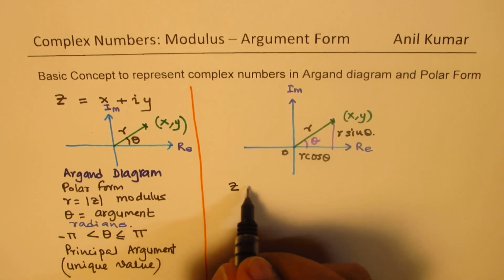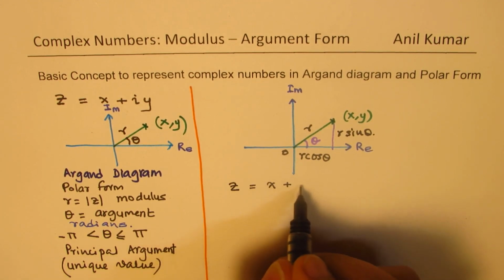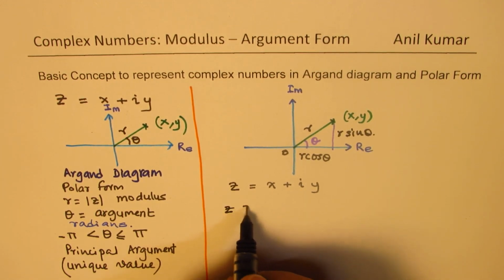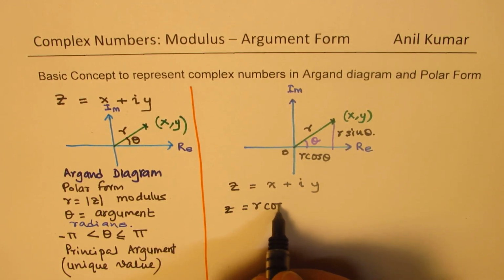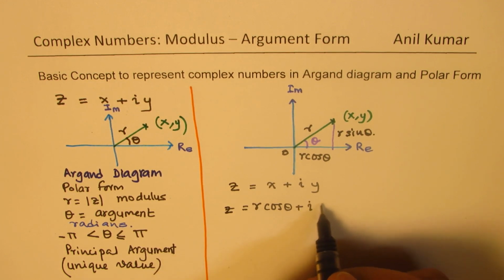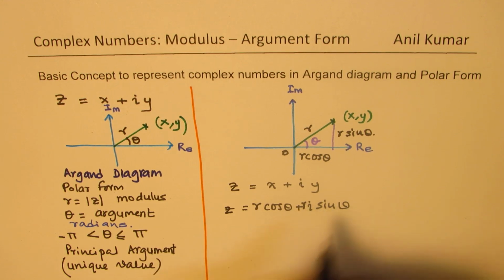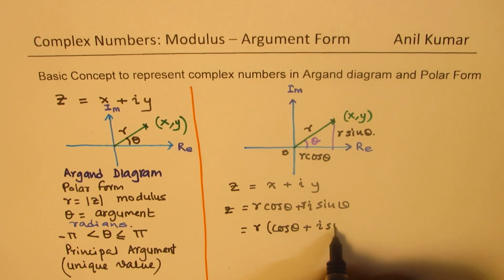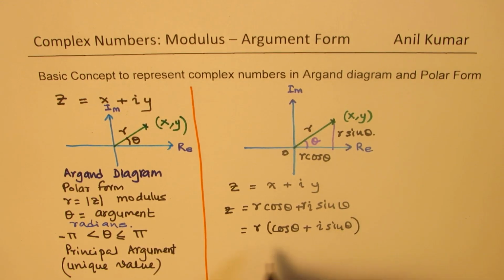Therefore, the complex number z equals x plus iy can now be written as z equals r cos theta plus i r sin theta. Taking r common, we get r times cos theta plus i sin theta. So that becomes the polar form.